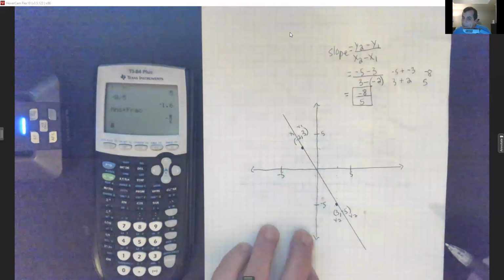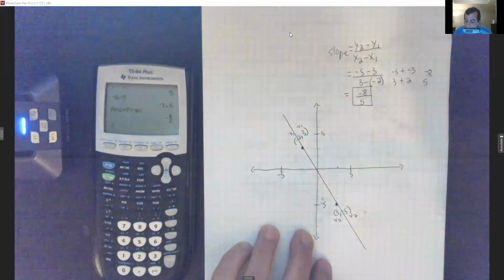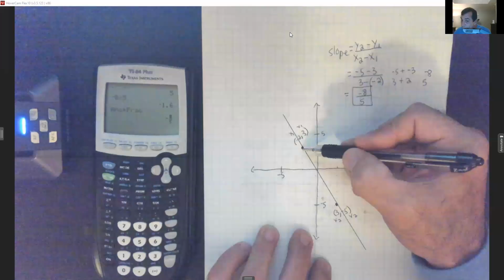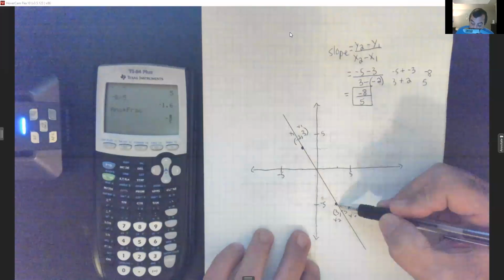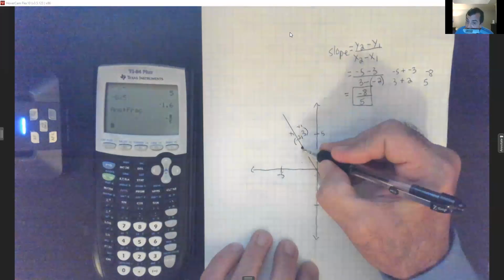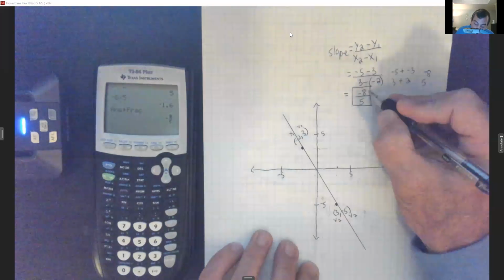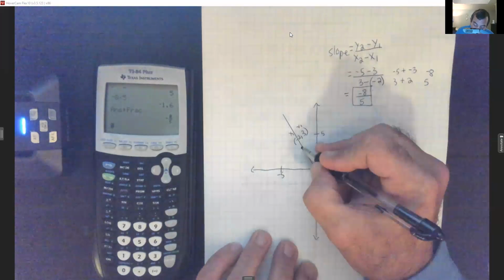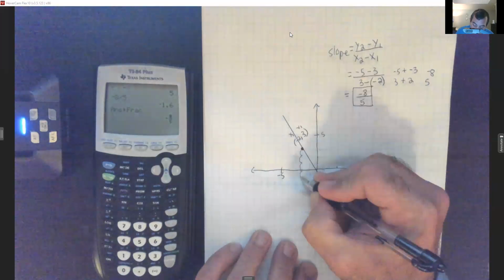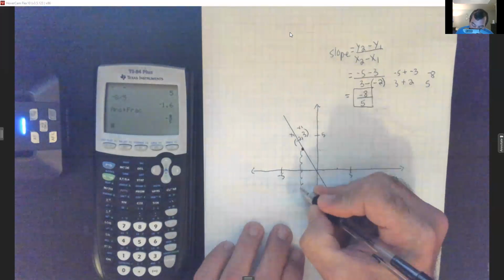So y'all, what this is telling me is that to go from one point on this line to another point on this line, I would go down 8 because the y value is negative. So we would go down 8: 1, 2, 3, 4, 5, 6, 7, 8.